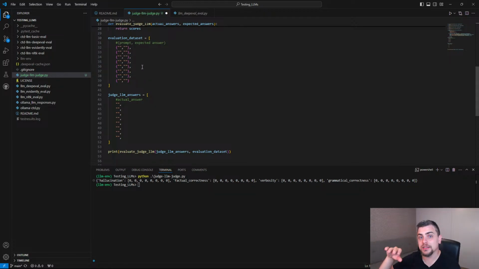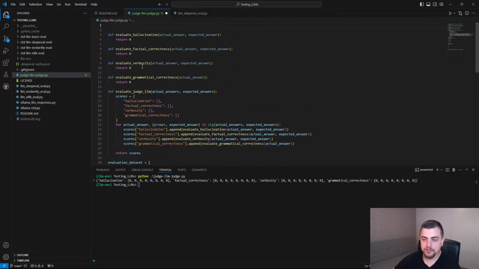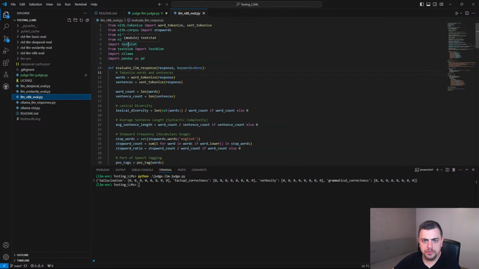So the prompts, the expected answers and the actual answers will be strings, and these strings should be tokenized to make it even possible to evaluate with some kind of natural language processing tool like the NLTK, which we used, for example, the TextBlob or textstat. Yeah, I think we can use some of these metrics even. Maybe that's a good approach.